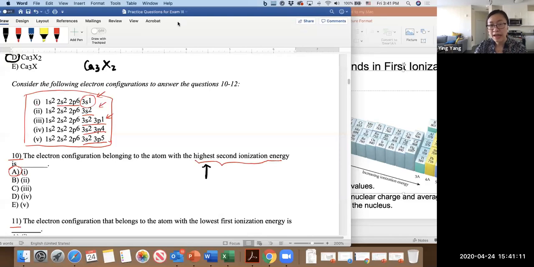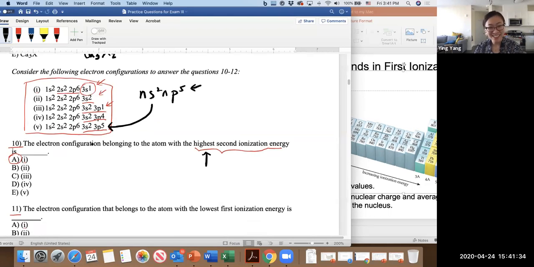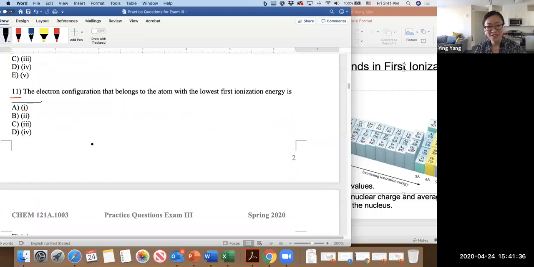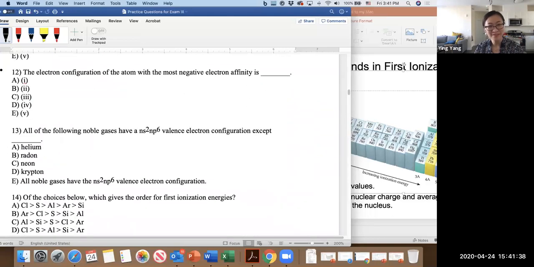And the halogen group has an electron configuration of ns2 np5. So it tends to gain 1 more electron. Do we have anything like this here? Over here, right? To complete the octet. Exactly. There we go. So the correct answer here would be E for question 12.